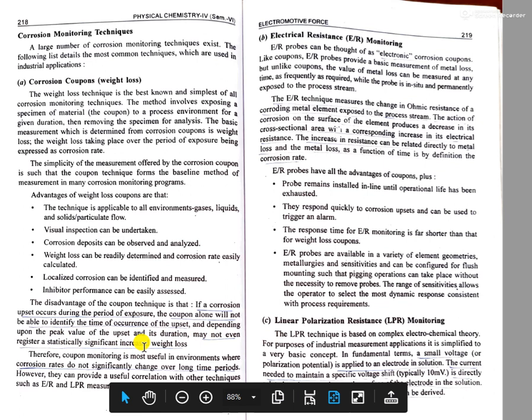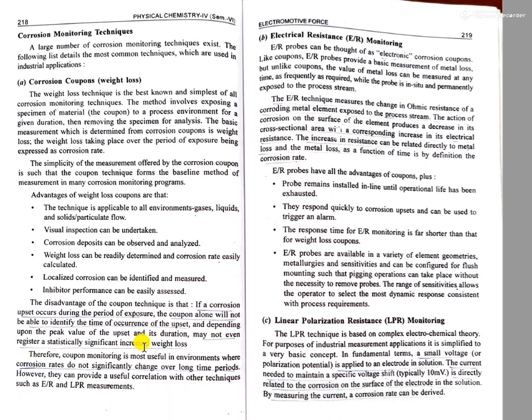So here we are not able to correctly measure or analyze the rate of corrosion if the process of corrosion is hindered in some way. That is, if an upset occurs during this process, we are not able to statistically register this change in the weight of the specimen. Therefore, coupon monitoring is used in combination with other techniques like ER or LPR measurements.